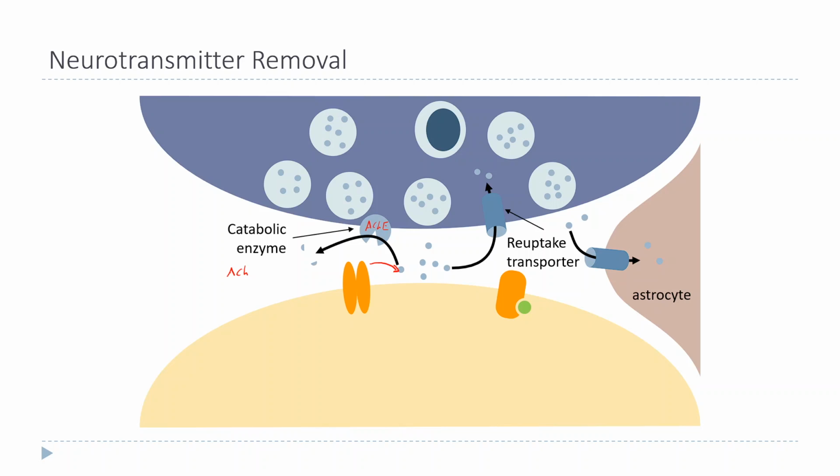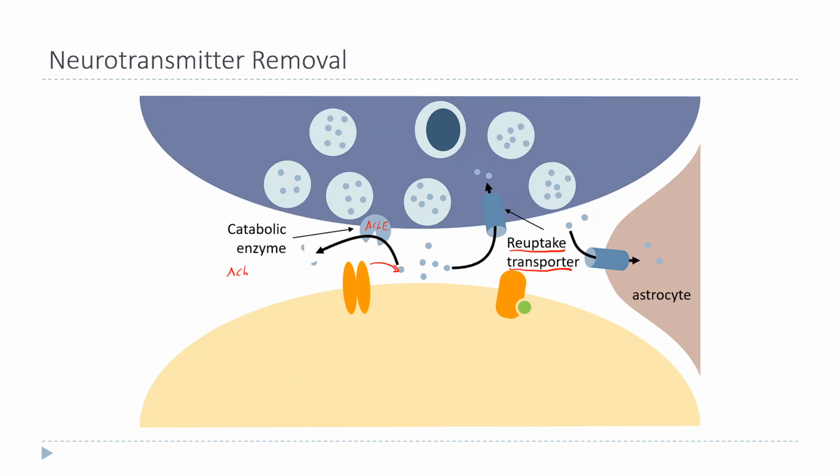For pretty much all other neurotransmitters, though, the neurotransmitter gets taken back up into the presynaptic terminal in a process called reuptake. Reuptake just means sucking the neurotransmitter out of the synaptic cleft and bringing it back into the cytosol where it came from. This is usually carried out by specific proteins called reuptake transporters.